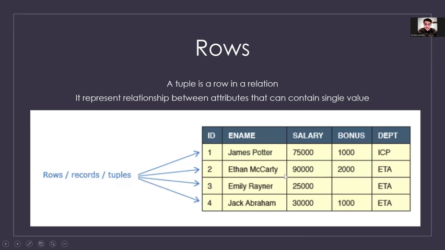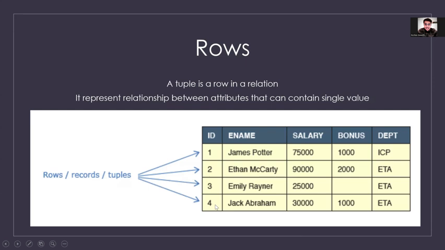I have again considered the same example. These are the rows, and each row has attributes, or each object consists of different attributes, and each attribute has a different value.